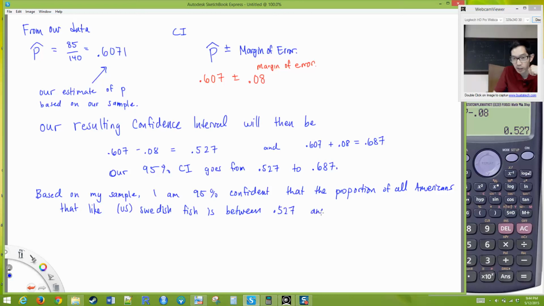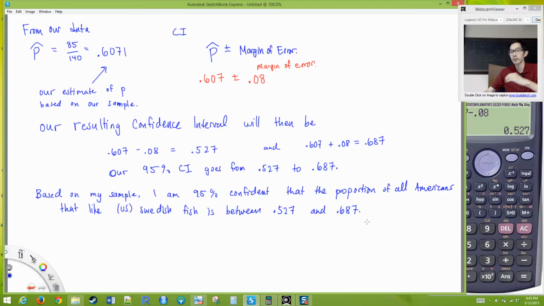Okay? So we're saying I'm 95% confident that the proportion of all Americans that like Swedish fish is between basically 53% and 69%. Does that feel okay to say?